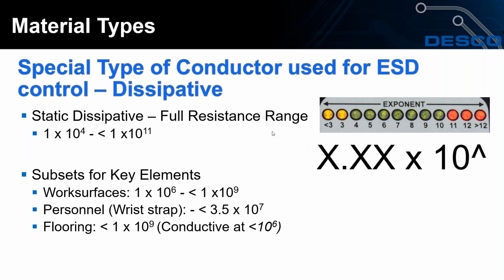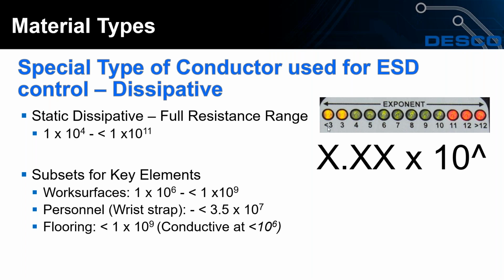So what that means is that I don't want to set a charged device on a really conductive work surface, let's say like a stainless steel top in a clean room, because when I do that, basically I've set it on the doorknob and it will dissipate that charge too quickly and cause an ESD event. So we like to have a little buffer there as far as resistance goes for our work surfaces.